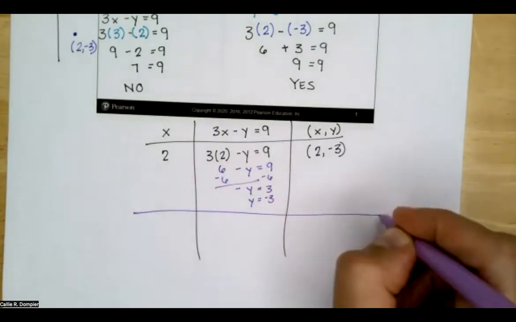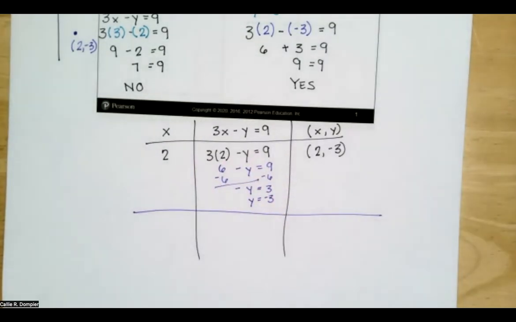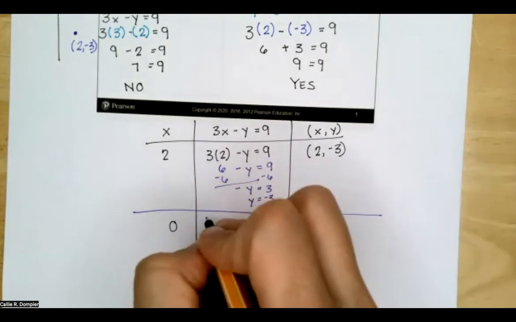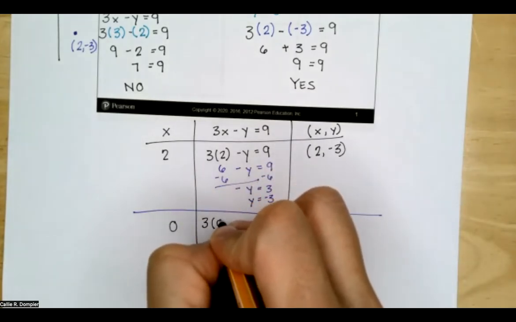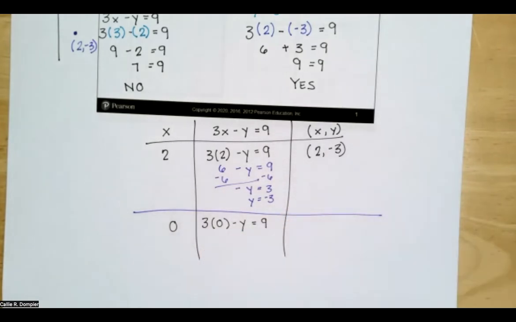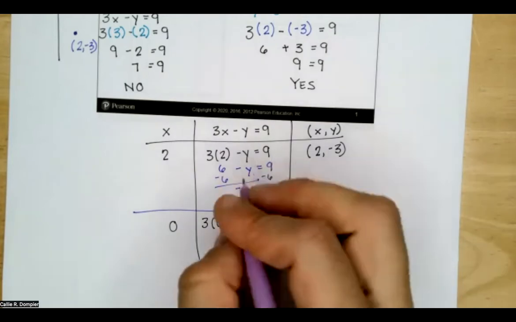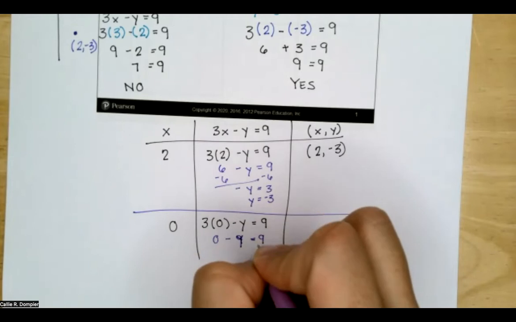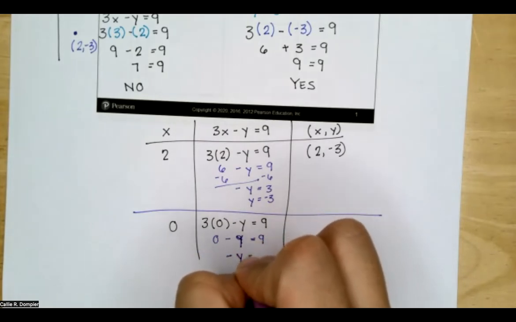Good. And then maybe one more point. When x is 0, what is y? Good. So now I have 3 times 0 minus y equals 9. 0 minus 9, sorry, minus y equals 9. -y equals 9.